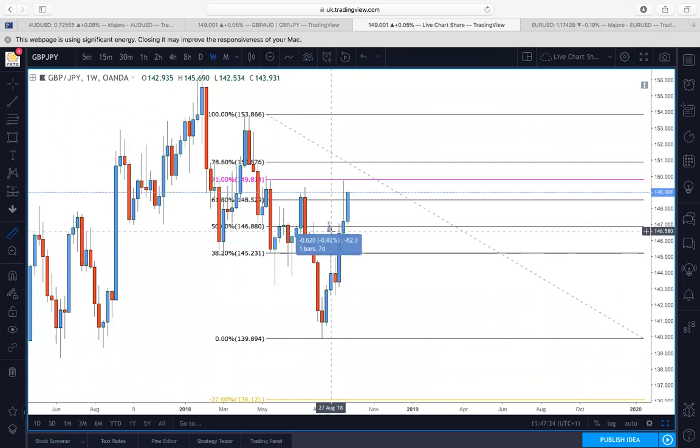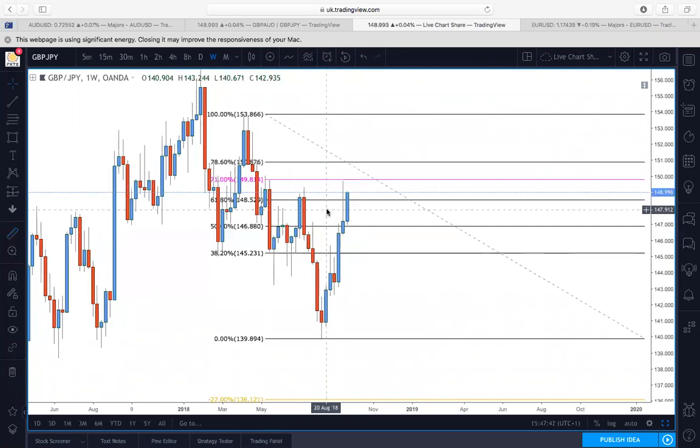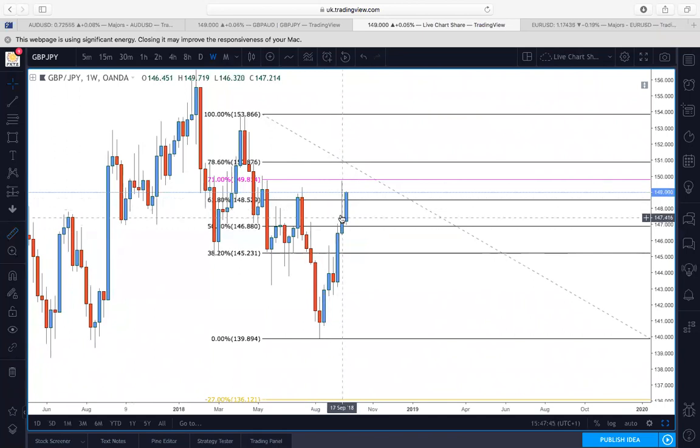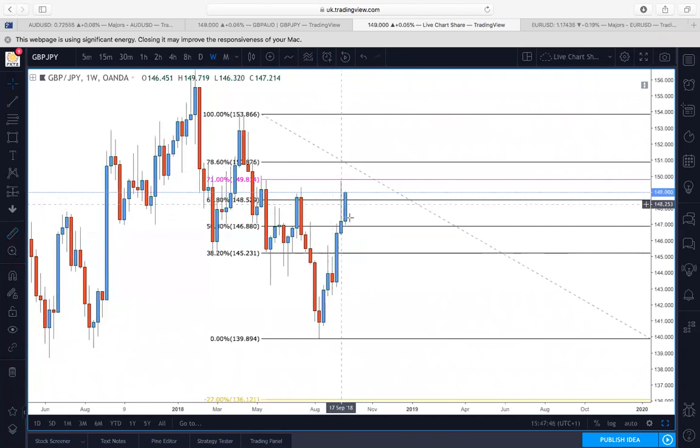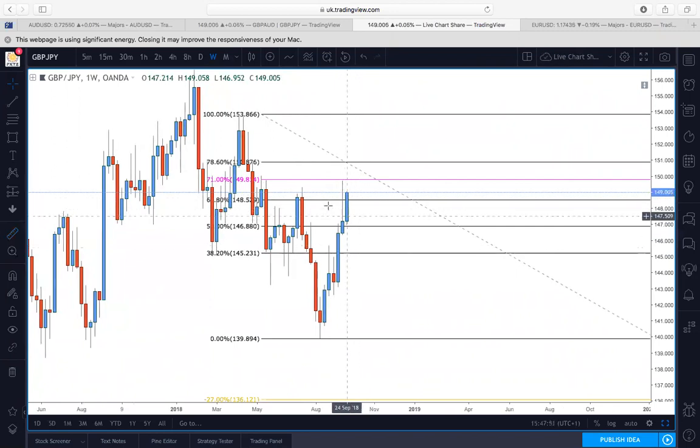If we measure the body here, we've got a 74 pip body and a 250 pip wick. So it's way more than double the size of the body. So this counts as a pin bar, meaning that we will see some sort of pullback because we are at a previous resistance area and we formed this pin bar off the previous resistance.